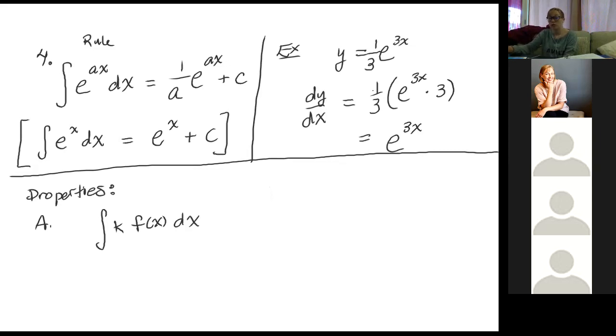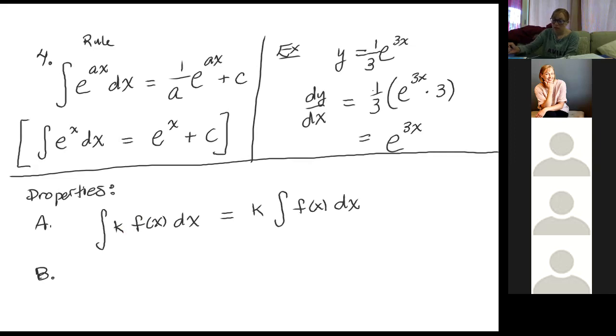If I'm wanting to take the derivative of a constant times a function, then I take the derivative of the function part and then just multiply it by the constant. I can do the same thing here. This is equal to the constant, moved out front, times the antiderivative of f of x dx, which will make our differentiation easier, or anti-differentiation, excuse me.